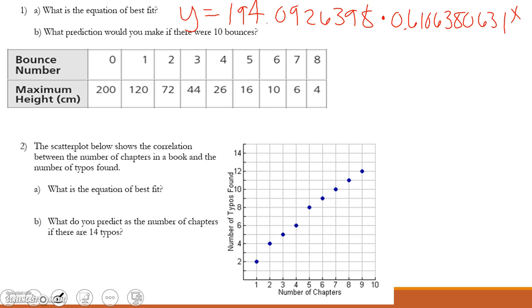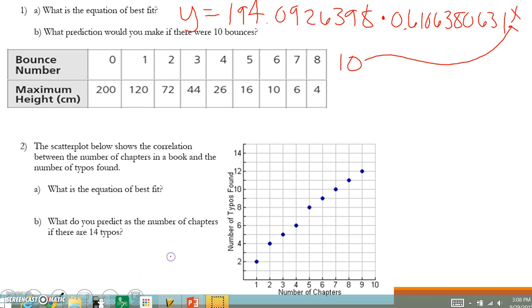So it says what the prediction is if there were 10 balances. So balance number is this column. So I'm going to take 10 and I'm going to plug it in for the x using my calculator.